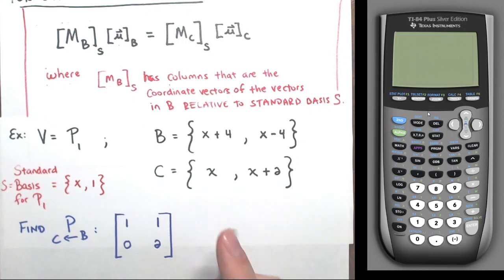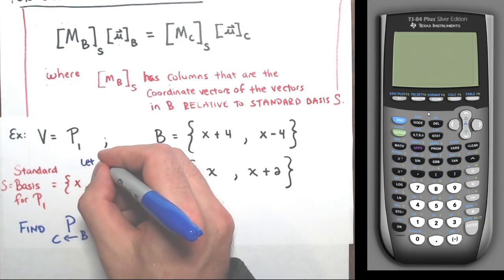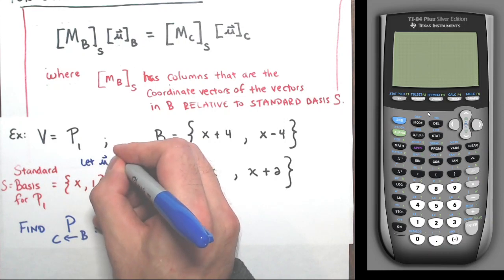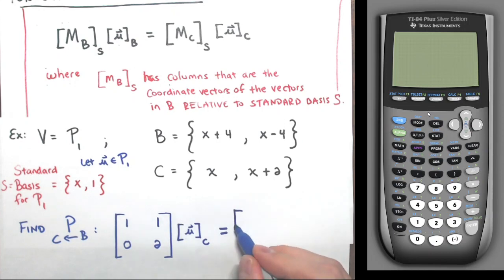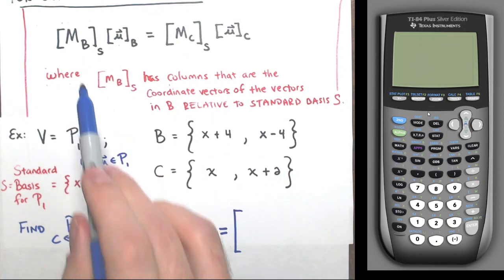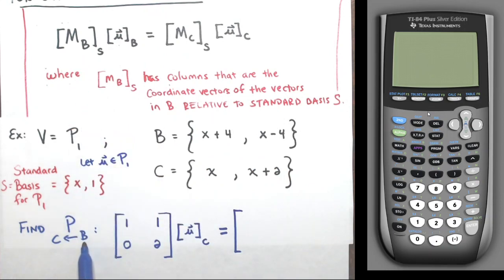Times the coordinates of, and again let any vector u belong to P1 here, the coordinates of u with respect to C. This was from basis C. And the product of these two matrices should be equal to the product of these two matrices, where this matrix is going to be the ones with B now. I've got B on the right. So x plus 4, again, I'm not writing x plus 4 down the first column.